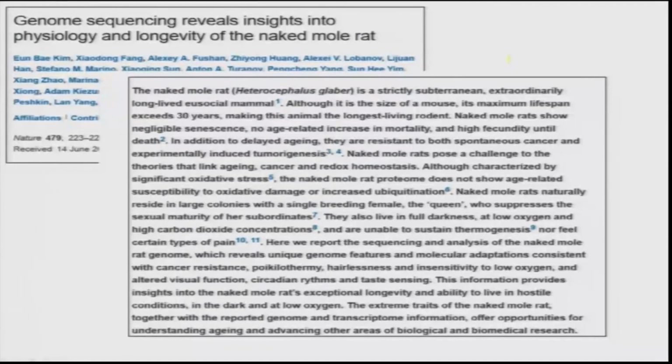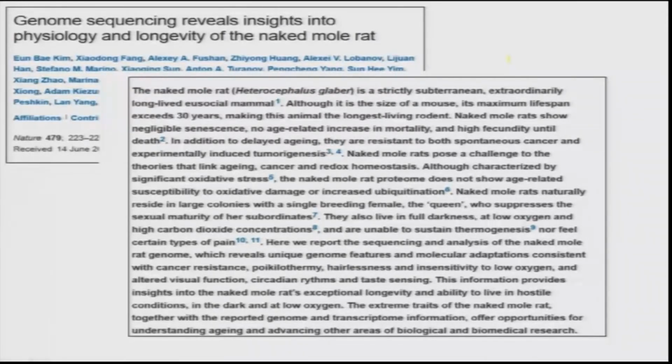They look perfectly normal. No age-related increase in mortality. It's not that they die more in the later part of their lives. High fecundity, because they can keep on breeding until death. So they're reproductively active until they die. So they don't age. They live longer. They are absolutely all right even at the time of death otherwise.